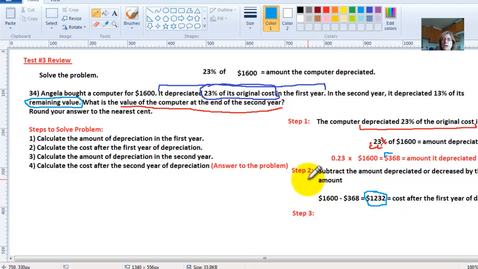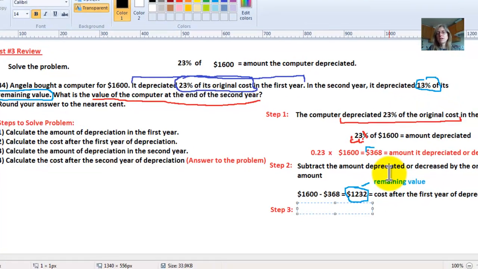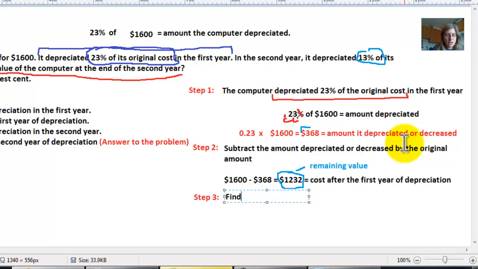The answer to step 2 is used in step 3. We won't go back to the original amount for this depreciation. Step 3 is to find 13% of the remaining value.